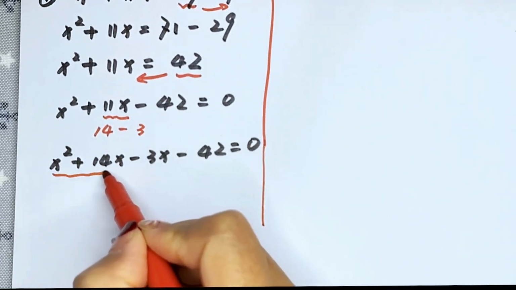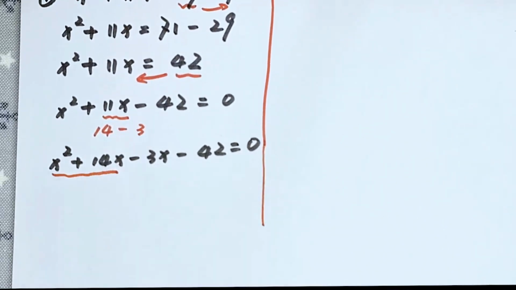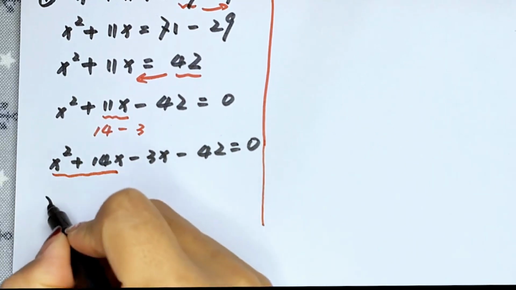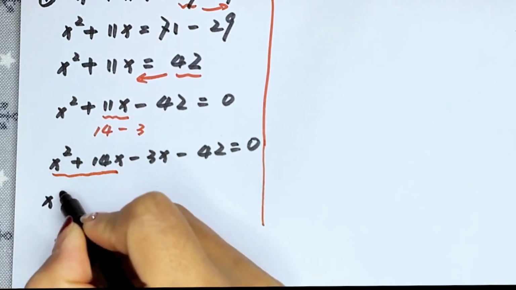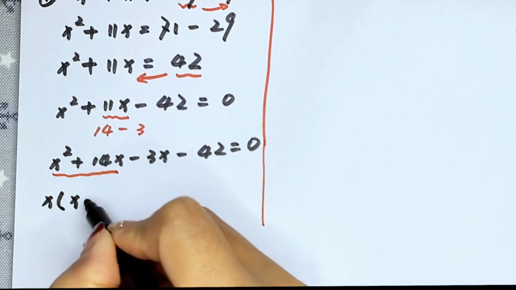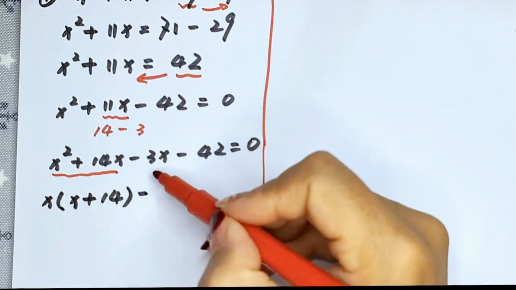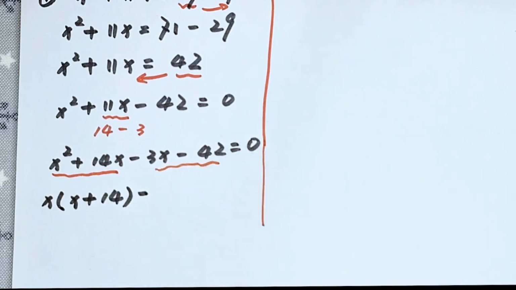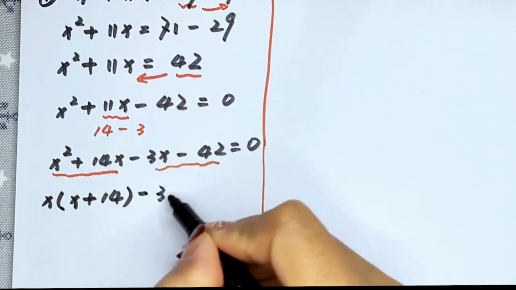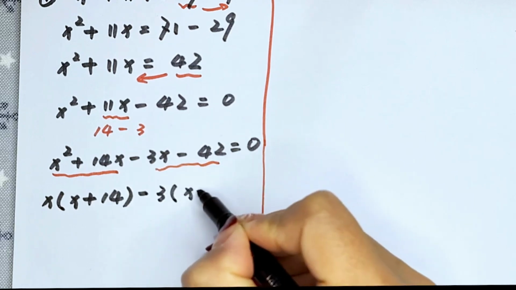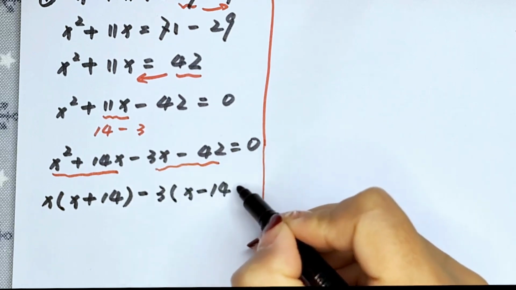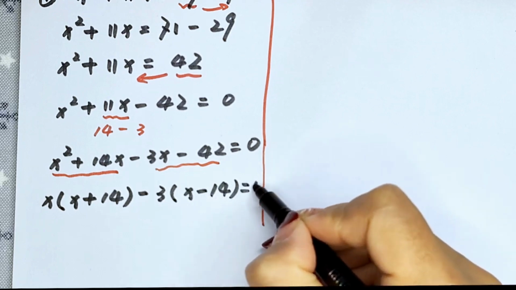In this part, x is common, so we take x out of the bracket: x times (x plus 14) minus, in this part 3 is common, so 3 times (x plus 14) equals 0.